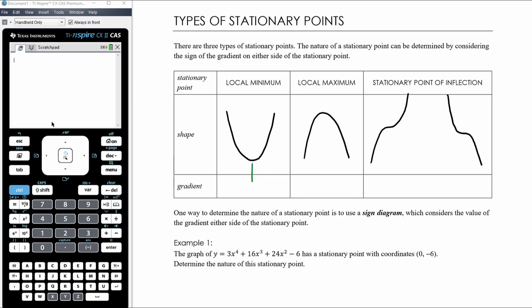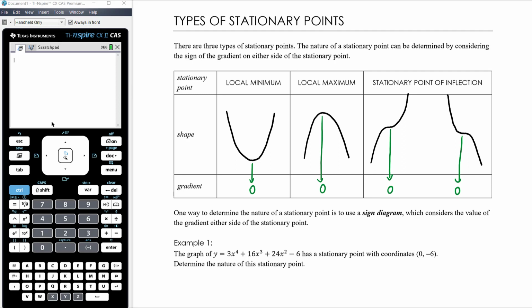So by solving the derivative equal to zero, all we're identifying is that there is a moment of zero gradient at this point. To decide what kind of stationary point it is, we then need to look at what's happening with the gradient either side of that point.